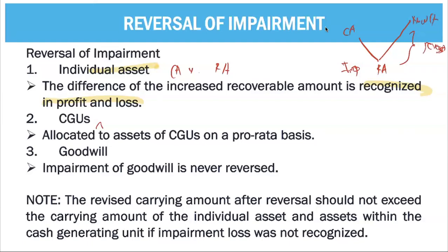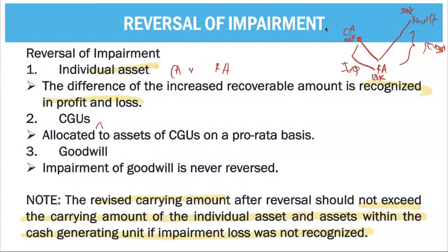So what is the rule under your reversal? The revised carrying amount after reversal should not exceed the carrying amount of the individual asset and assets within the CGU if impairment loss was not recognized. So this is only your CGU at that particular amount, 200,000. The carrying amount is 200,000. The new carrying amount now is 300,000. And we previously recognized a recoverable amount only of 120,000.